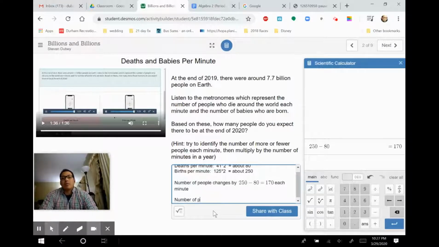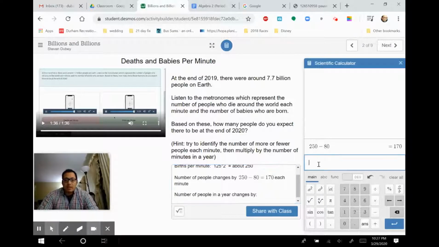So the number of people in the world in a year changes by, let's see, I need to figure out 170 new people per minute times 60 minutes in an hour times 24 hours in a day times 365 days in a year, which means there are 89,352,000 new people each year.